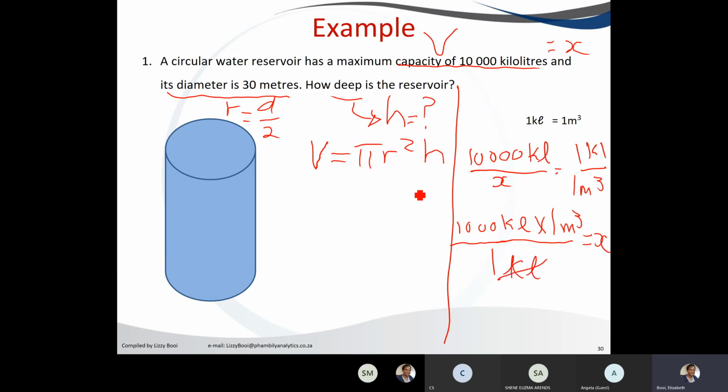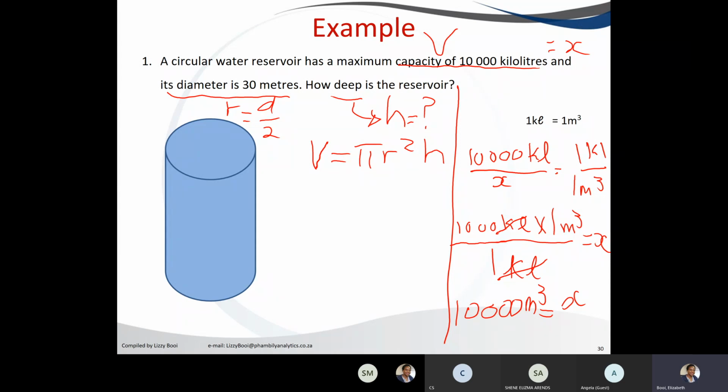Therefore, the kiloliter will cancel the kiloliter and we will be left with x equals 10,000 meter cube. So we solved the problem.